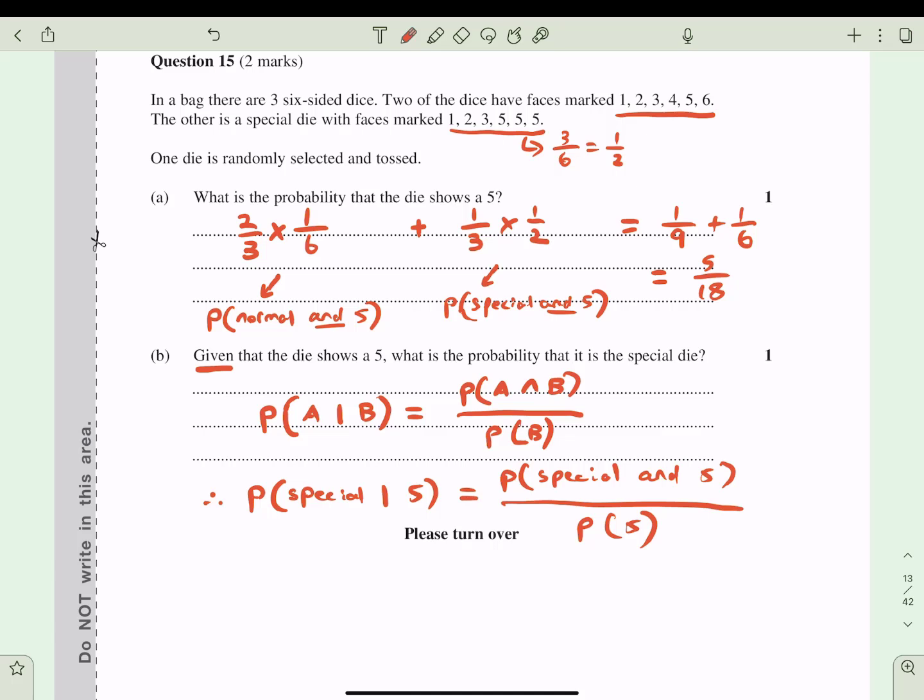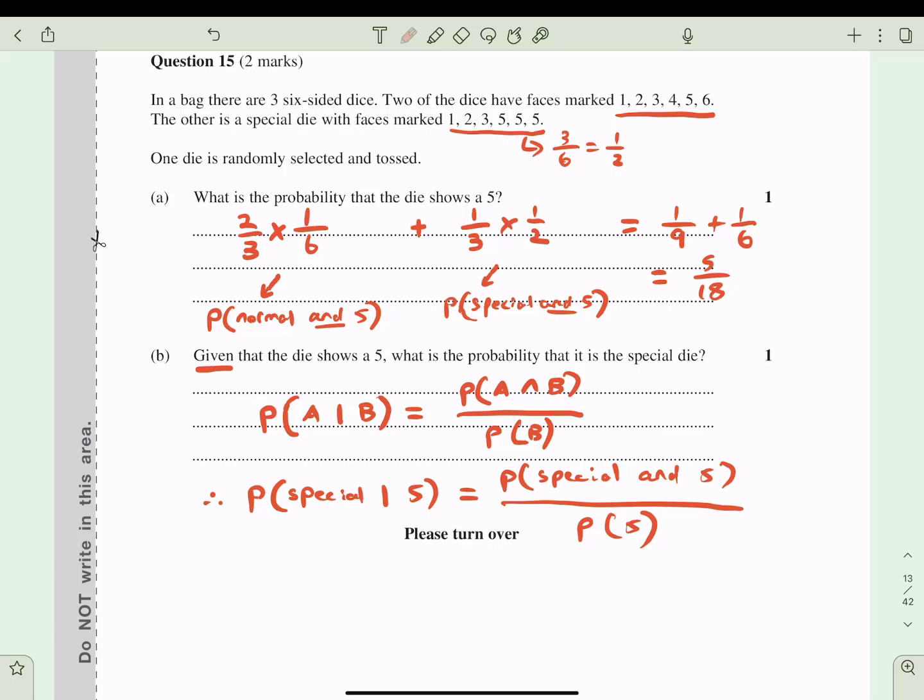And here's the thing. Looking back at part A, the probability of having a special die and rolling a 5 is equal to 1 on 3 times half. That's what we just said before. And we also just said the probability of rolling a 5 is equal to 5 on 18. That was our answer for part A, wasn't it?